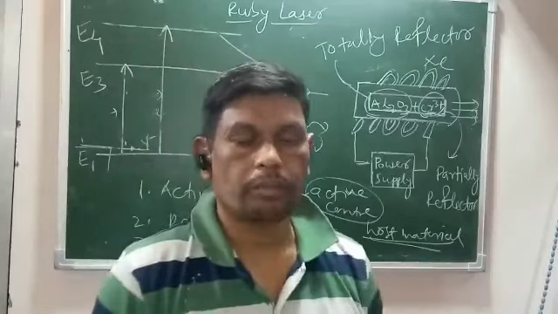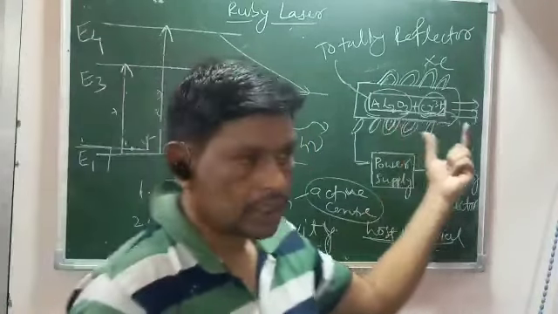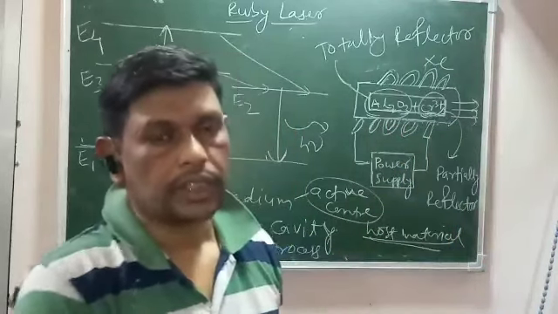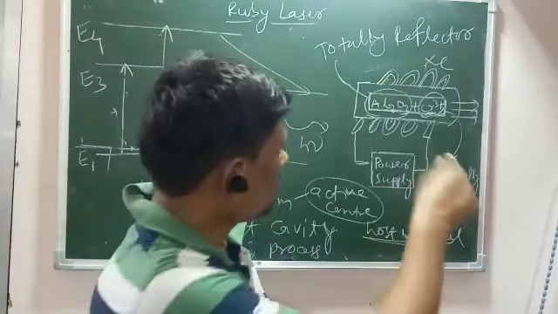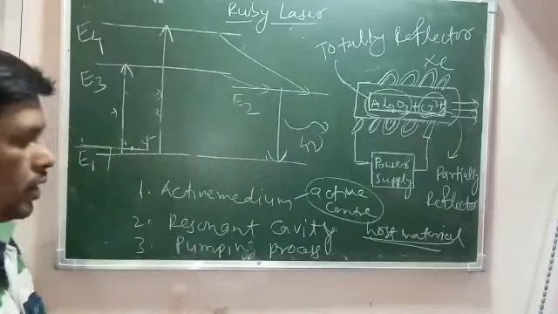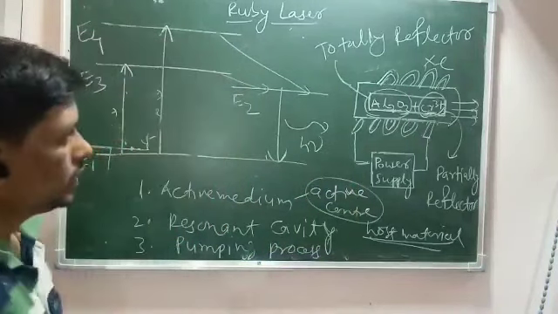So to compensate for that heat, we use water which is continuously rotated around the helical tube. So the fourth component is very important here.